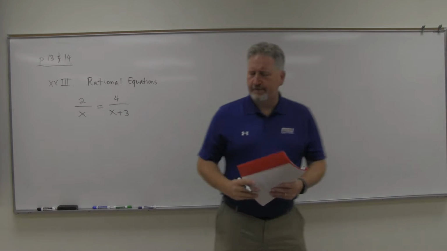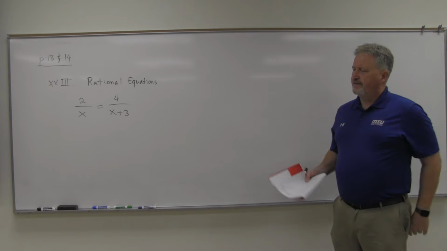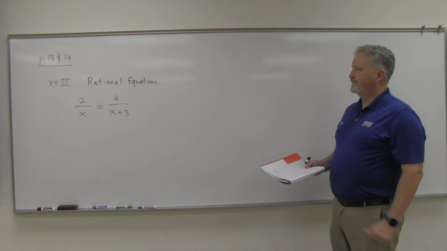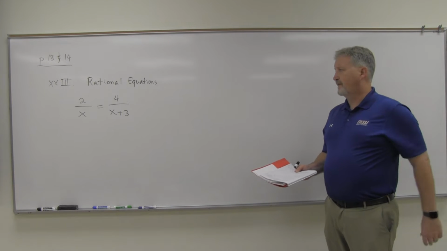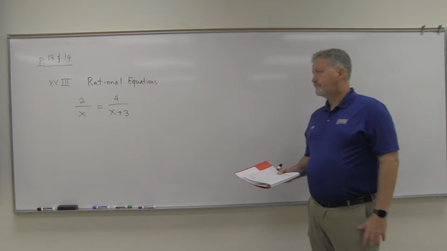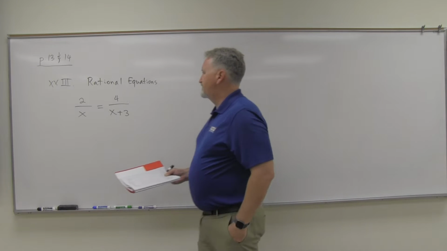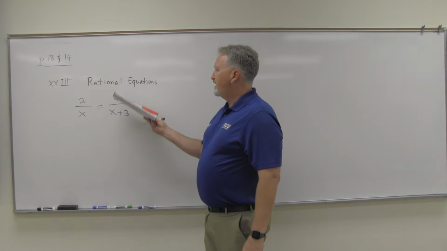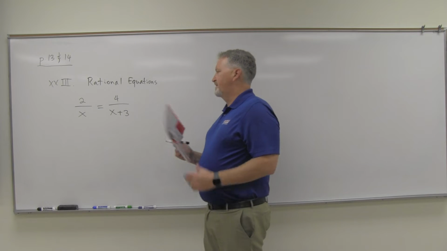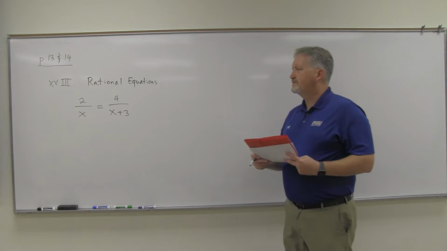All right, so we're going to do a couple of these, solve an equation like this: 2 over x equals 4 over x plus 3. That is a rational equation because the x in the denominator is why it qualifies.